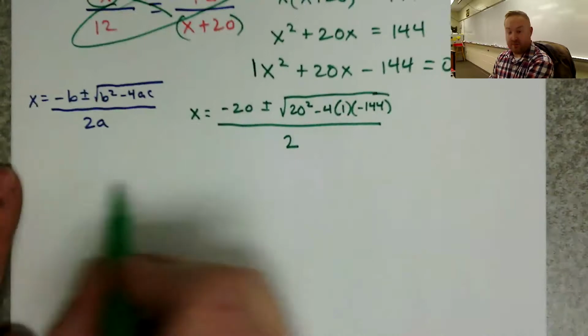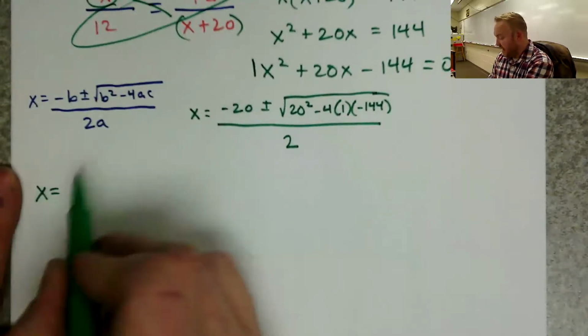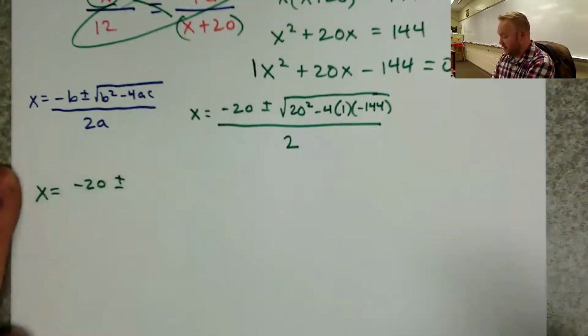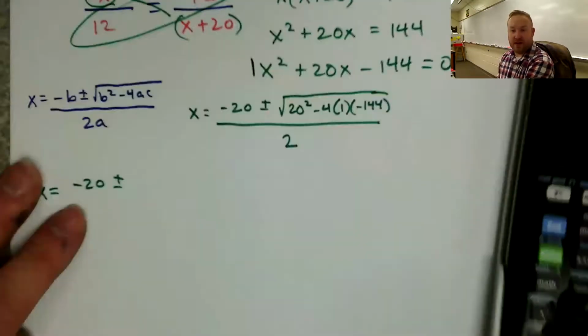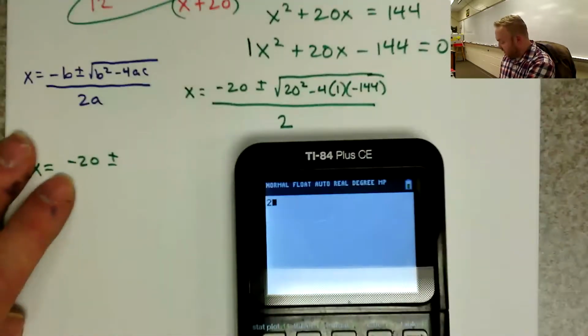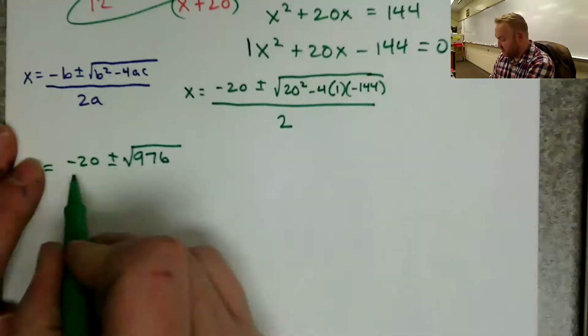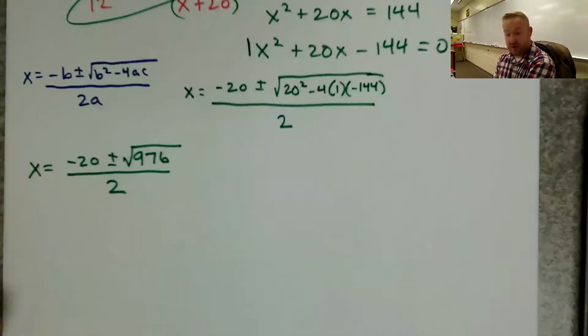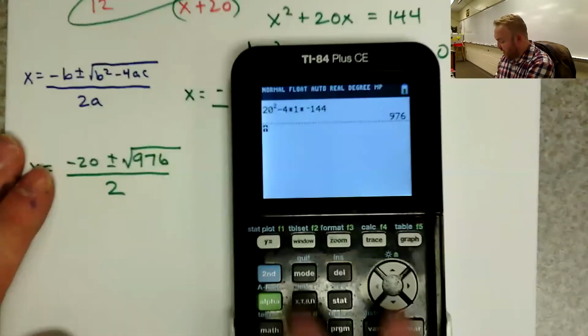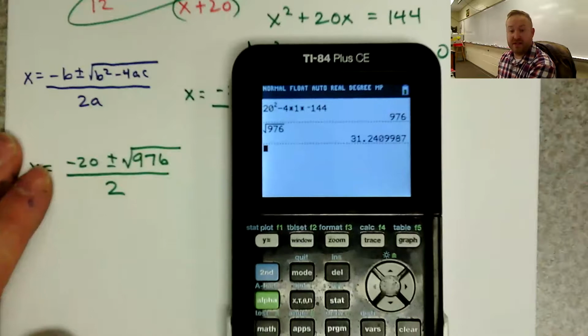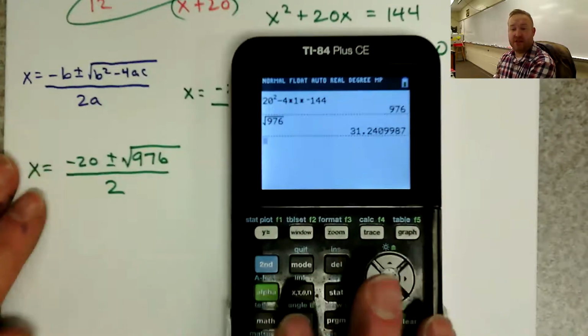Okay, next up, I'm going to come down here. Negative 20 plus or minus. I'm going to use my calculator here to get 20 squared minus 4 times a times negative 144, which is 976, goes under the square root, all over 2. Okay, let's figure out what the square root of 976 is, 31.2.